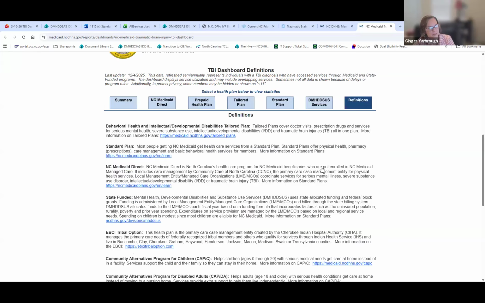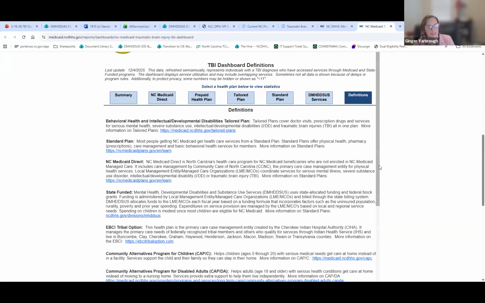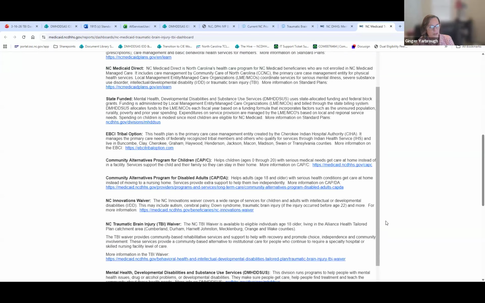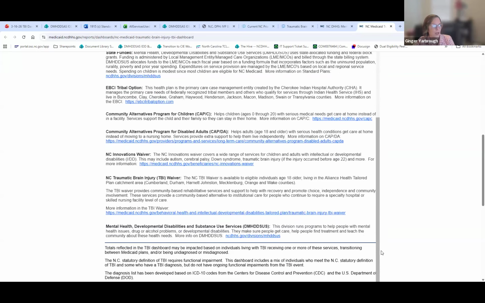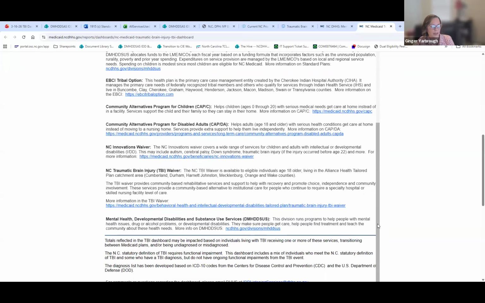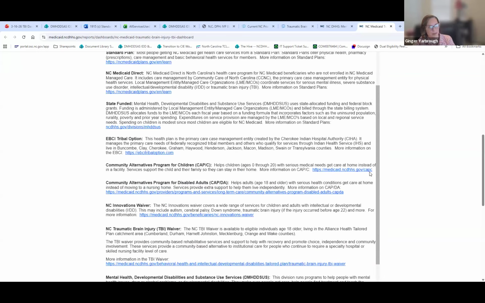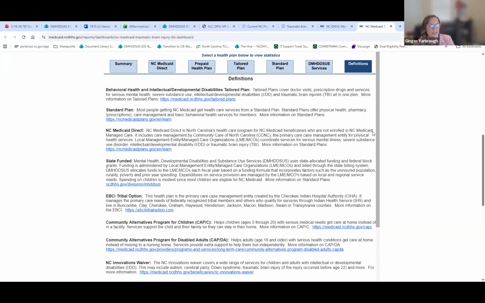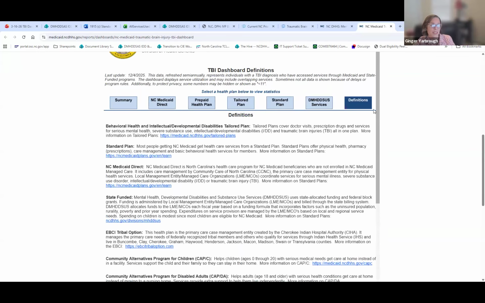We've also included definitions, and these definitions are pretty standard across our other dashboards and across our other areas. So if you have questions about what the different plans are or what data you're seeing, I would start here, but you can also always send us questions and we're happy to answer those questions.